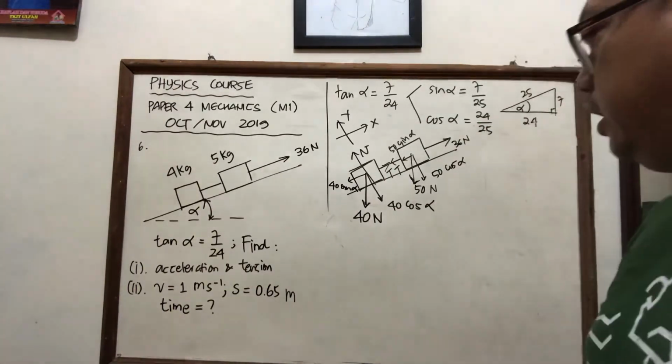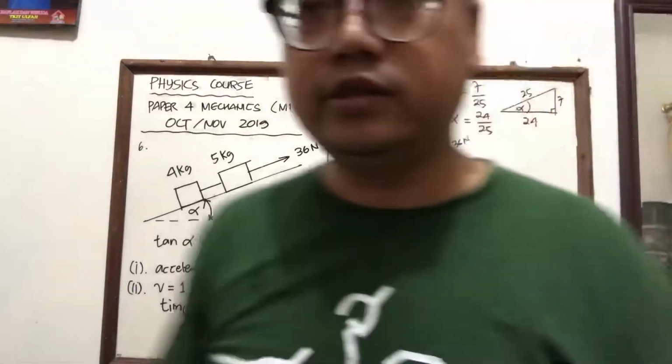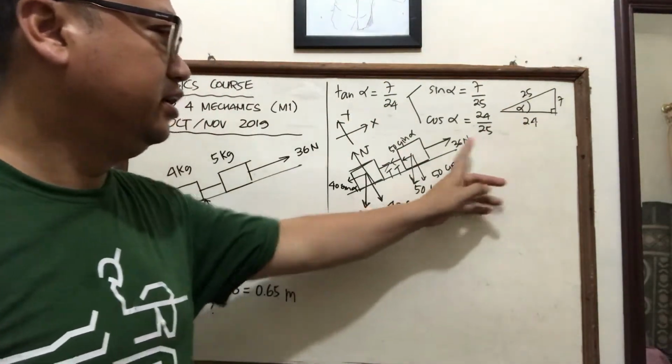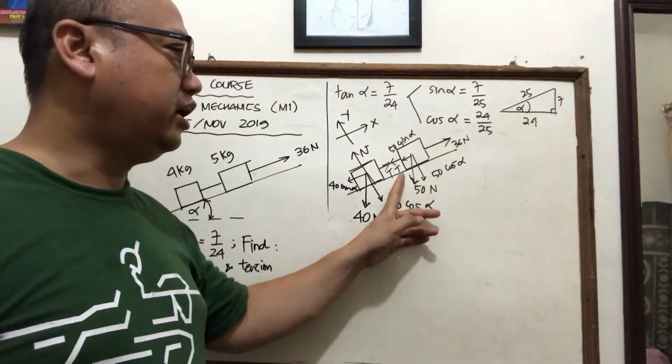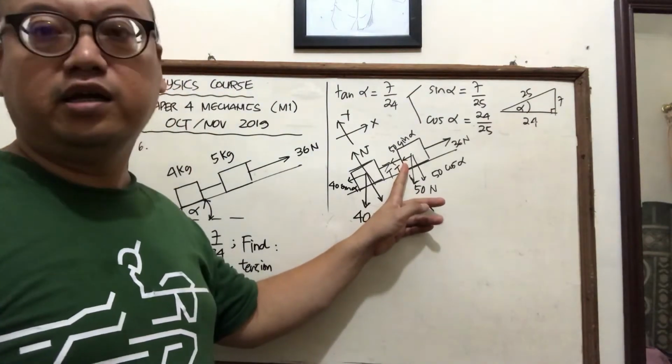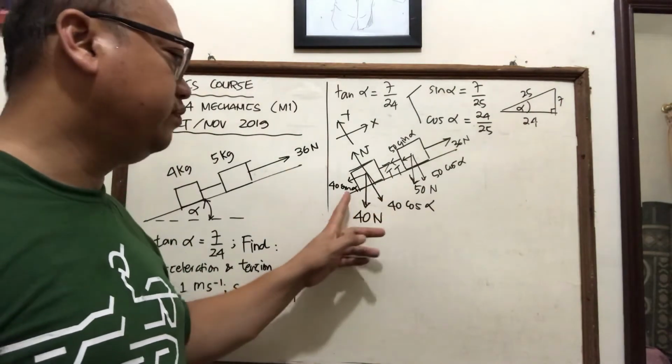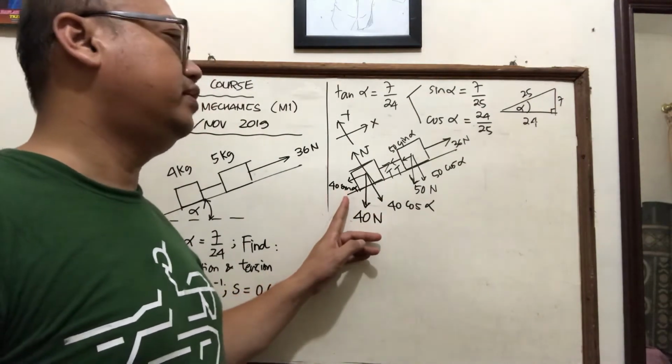On the x direction we have 36 Newton, and then T, and then 50 sine alpha, and then we have T also, and then we have 40 sine alpha.